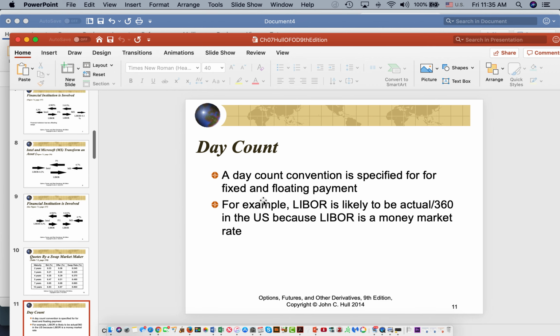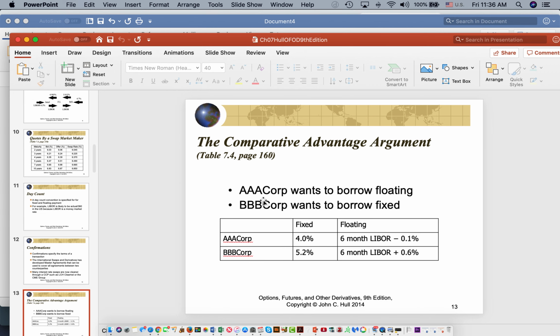And then we also have to emphasize more on comparative advantage arguments in table 7.4, page 176. You can see here that this AAA corporation has an advantage in fixed rate as well as floating rate borrowing. So it seems that AAA dominates the market over BBB, but is there any way there can be a win-win situation?